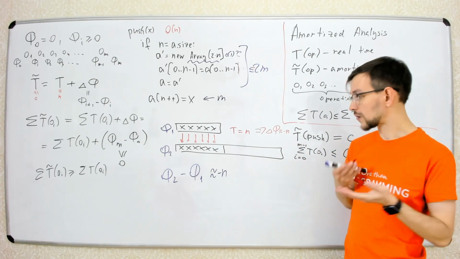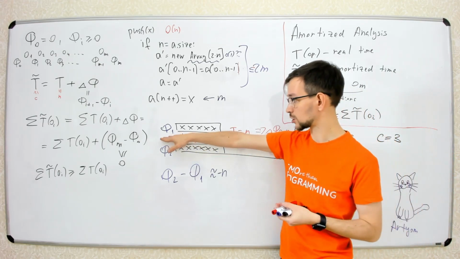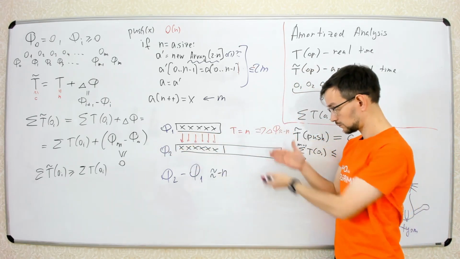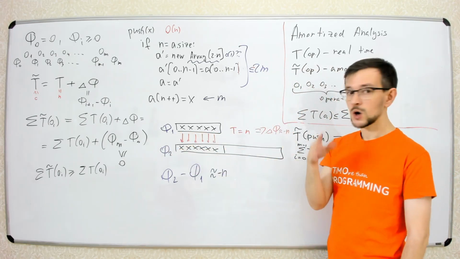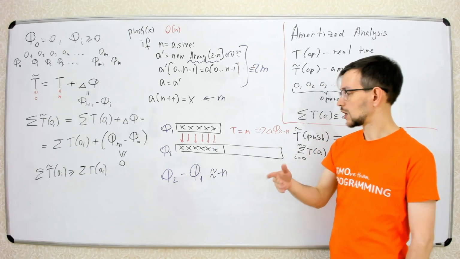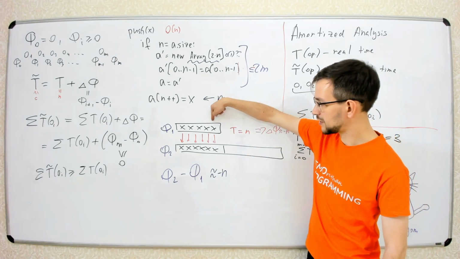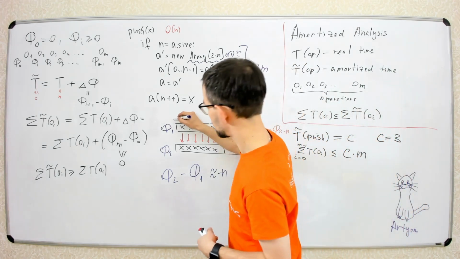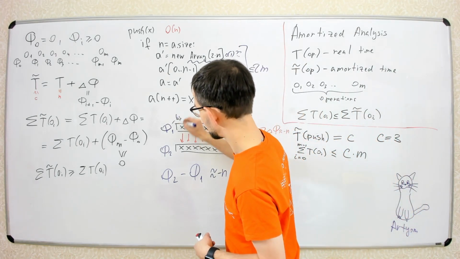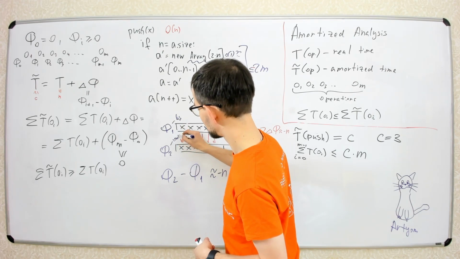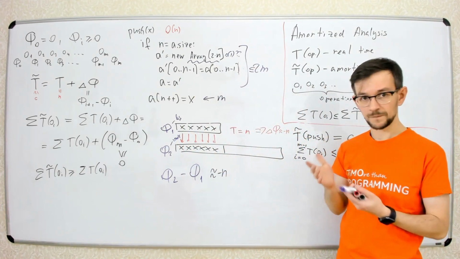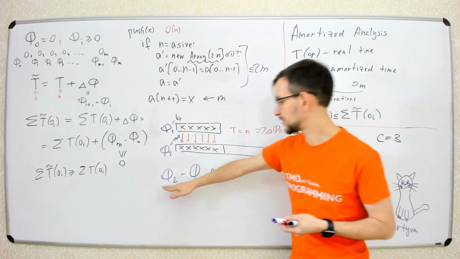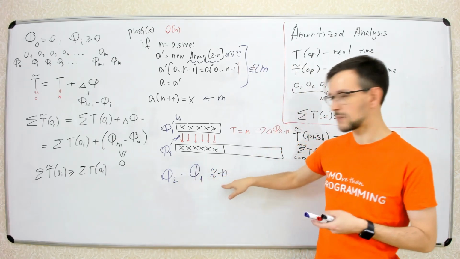Now, how to find the good potential function? We need to look at this picture and see. We need some function which in this case is big and here is small, so that this difference will be about minus n.